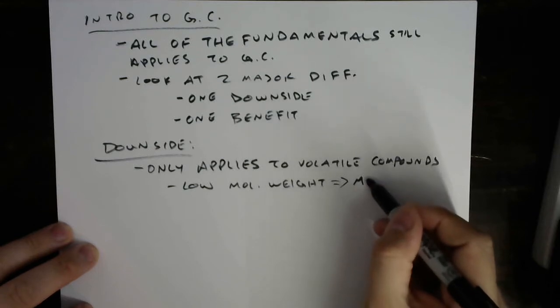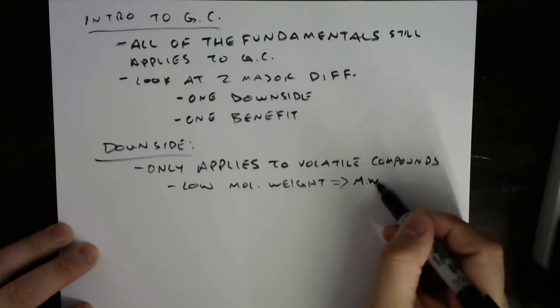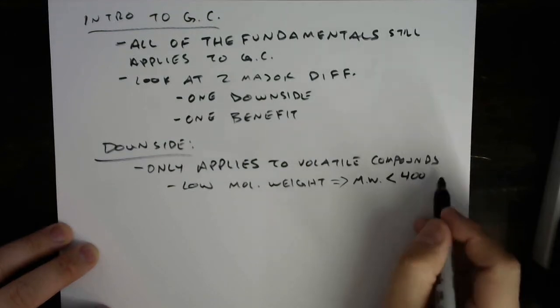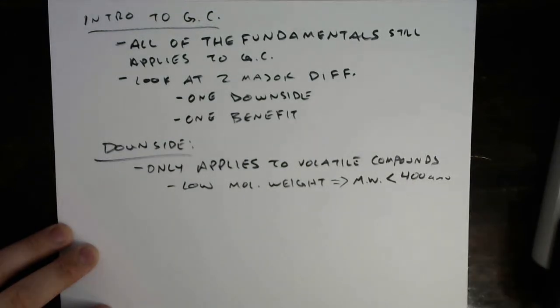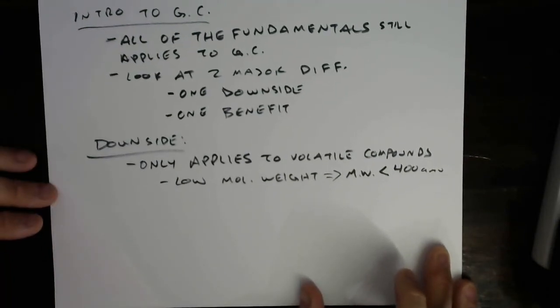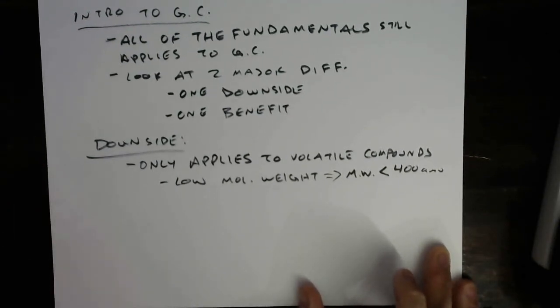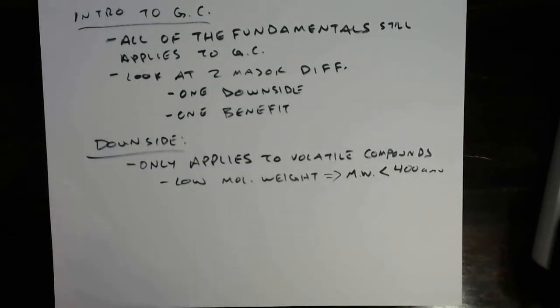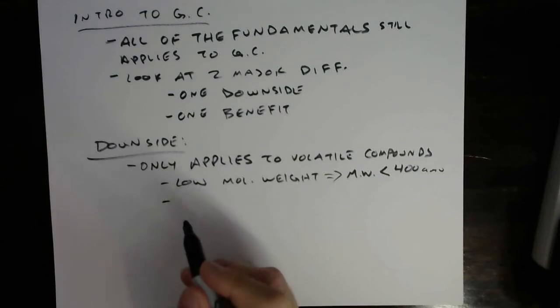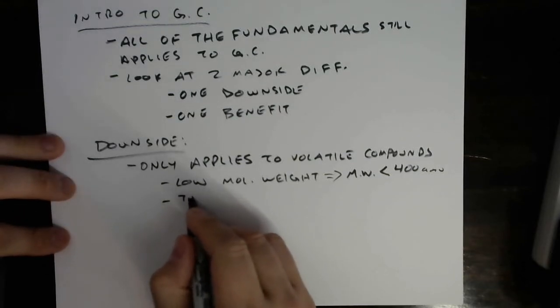GC is really only looking at molecular weights that are less than about 400 AMU. Anything bigger than about 400, you can forget about GC because it's not going to be volatile enough. But not everything that small works, because quite a few small things don't fit the second category, which is they need to be thermally stable.